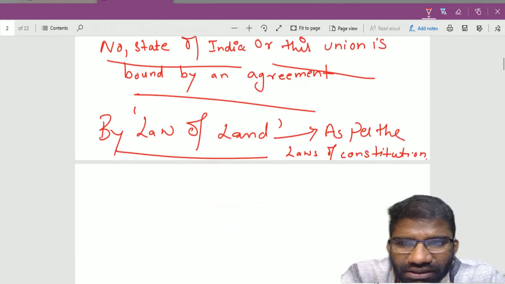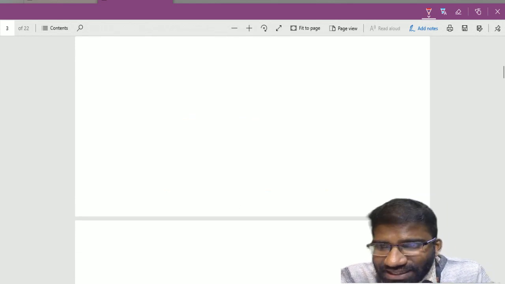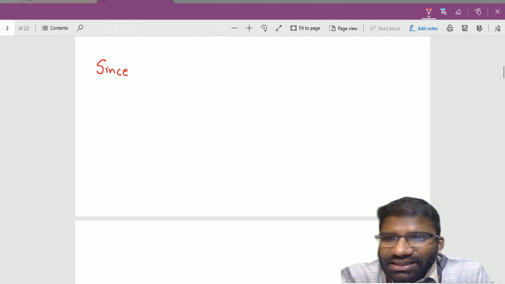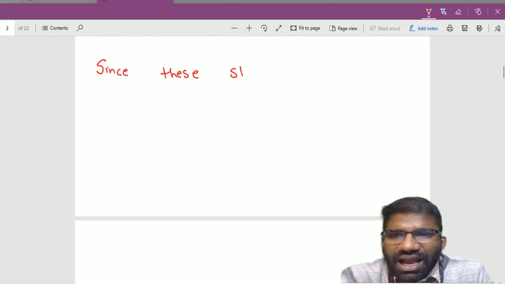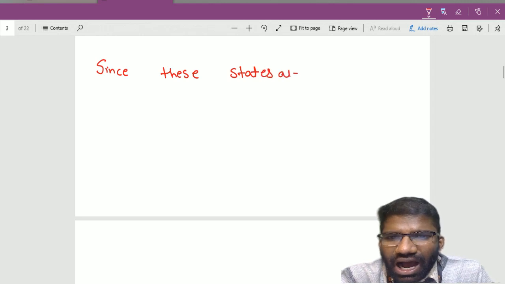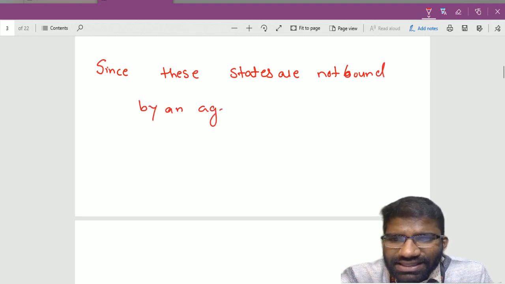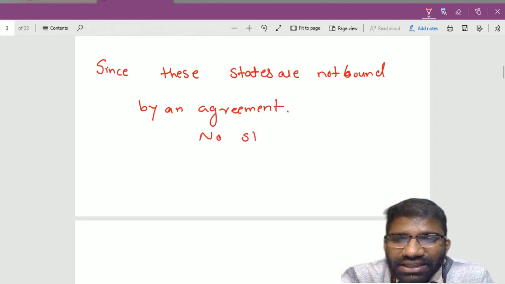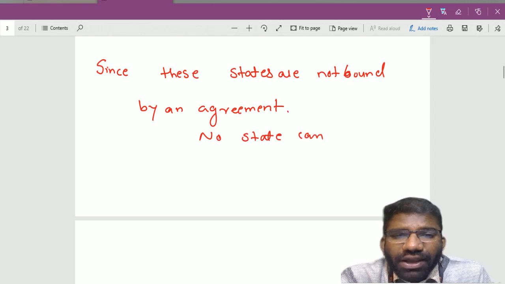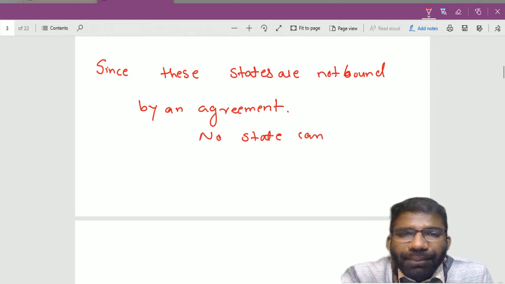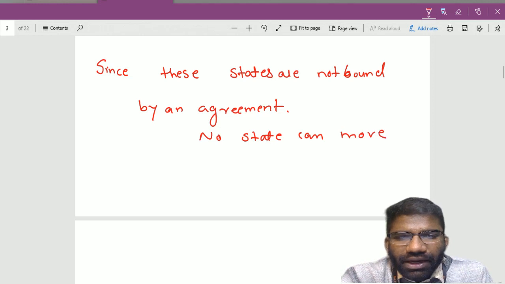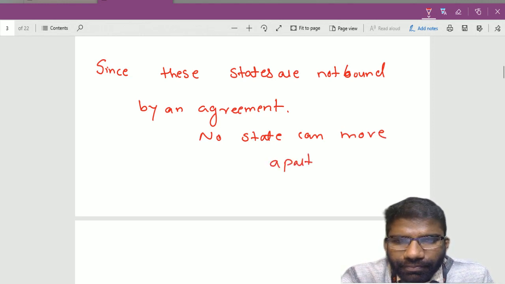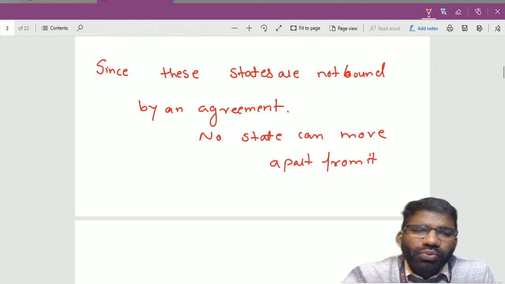Now, the factor that arises here is that since these states are not bound by an agreement, no state can move apart from this union.